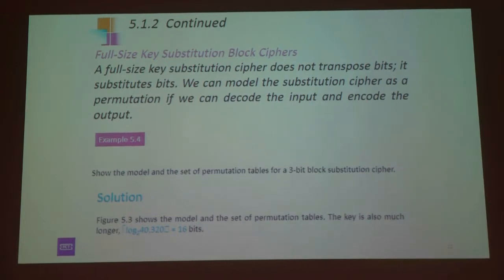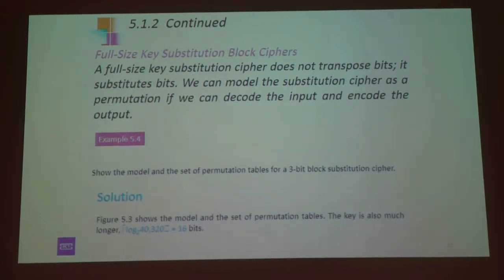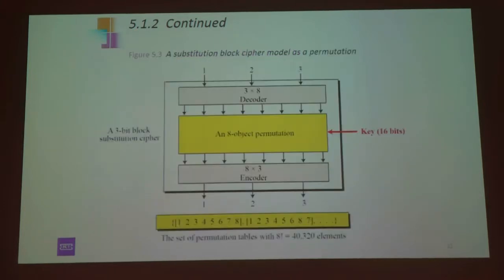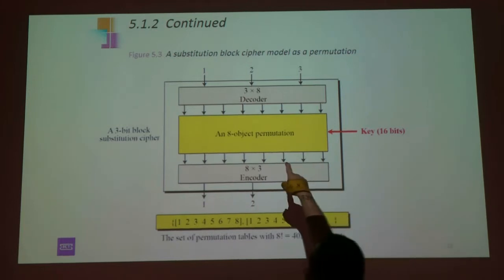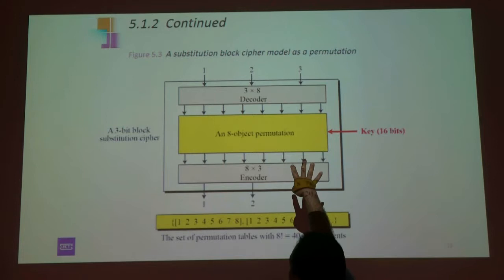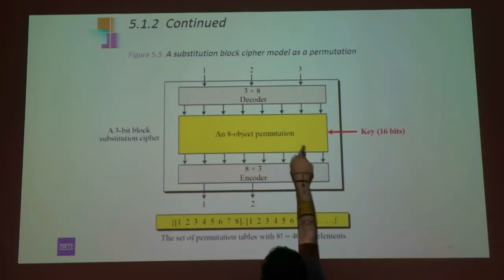So for full-size key substitution, here we show the model and the set of permutation tables for a 3-bit block substitution. If you look here, the input is 3 bits, so the decoder output is 8. You are changing the 3 to 8 outputs and an 8-output permutation.